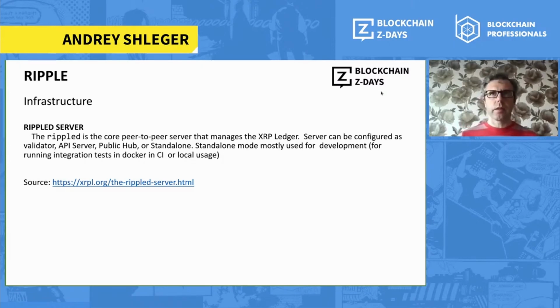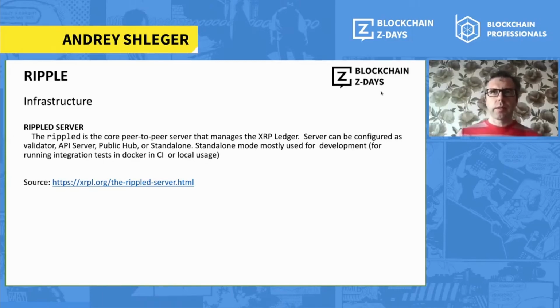You just clone the GitHub repository of the Ripple server, or you could find it built, for example, as Debian packages or Fedora packages, install it on the server, and run your standalone server, which is very good for development.